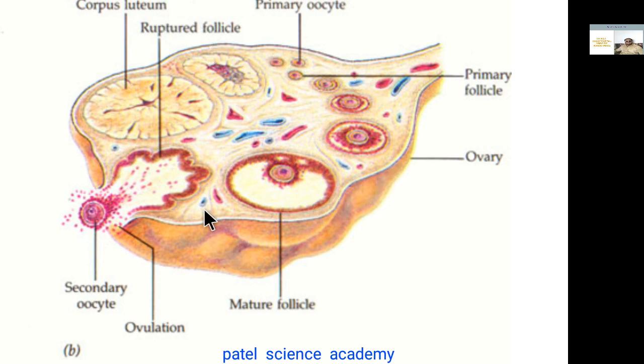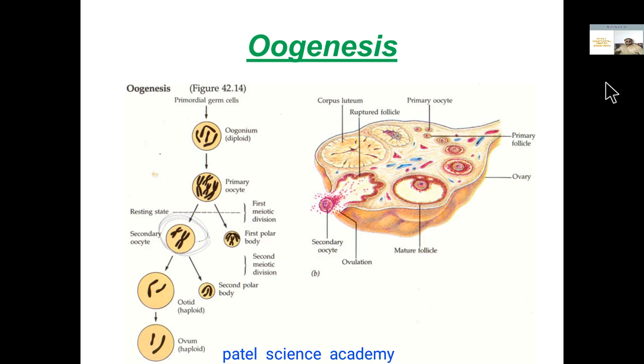All these changes in the ovary take place during the process of the menstrual cycle, or MC, which takes place in the body of the human female. So in this lecture you are going to learn about this process, what happens, for how many days it goes, and for how many phases it goes to convert into this egg, and what happens with this egg. We'll see one by one here.